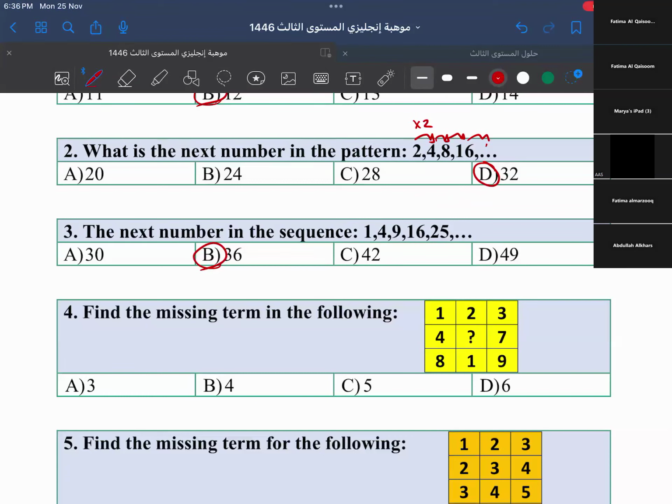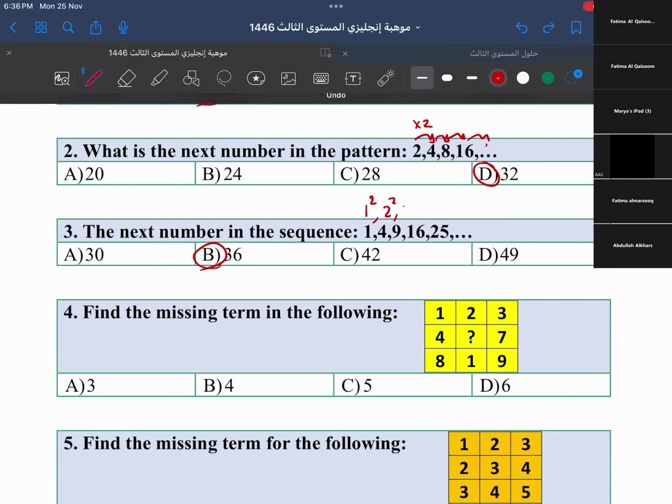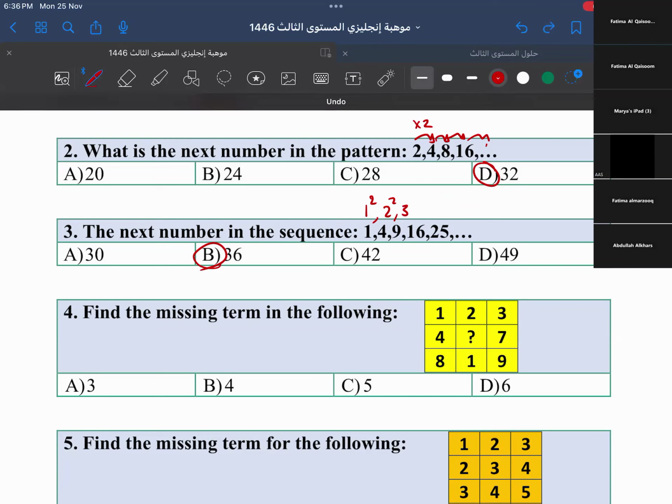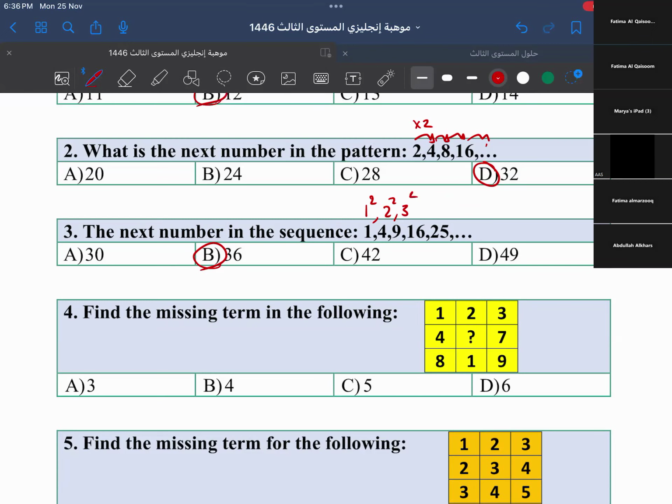So the other pattern here is the square of the number. 1 is 1 squared, 4 is 2 squared, 9 is 3 squared, and so on. So we're going to have 4 squared, 5 squared, and lastly 6 squared, which is 36.